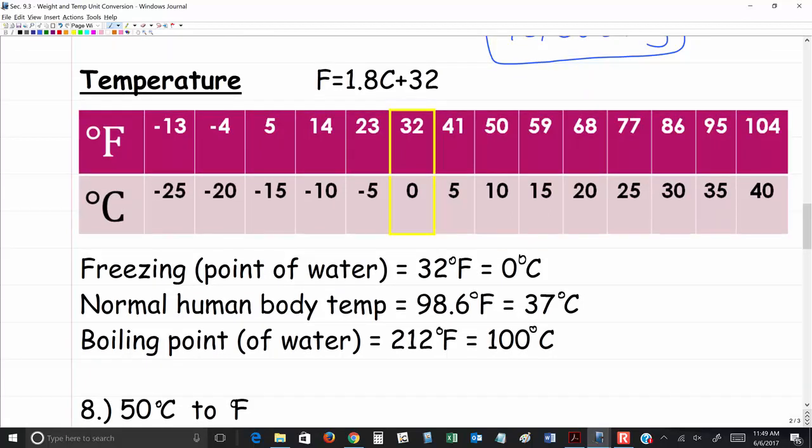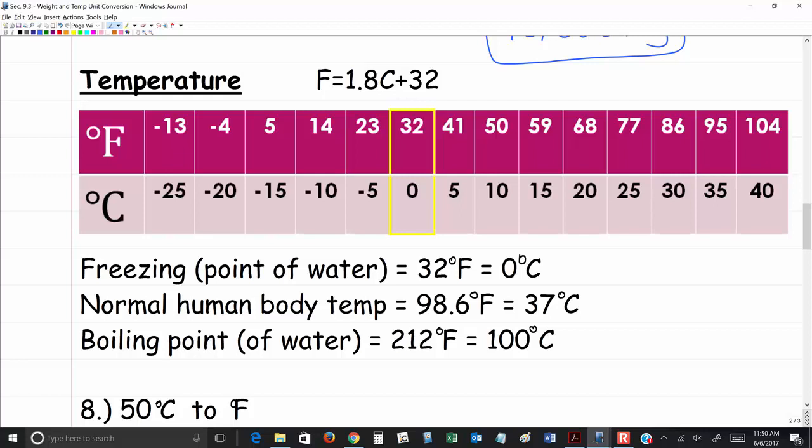Okay, last but not least, we have temperature conversions, Fahrenheit and Celsius. This is just some general information for you. You don't have to memorize it, but just to give you an idea. 32 degrees Fahrenheit is freezing, the same thing as 0 degrees Celsius. Every time you go up 5 degrees on Celsius, you're going up 9 degrees on Fahrenheit.